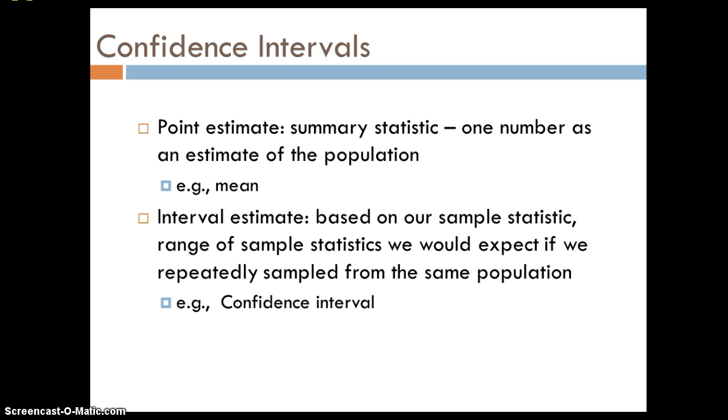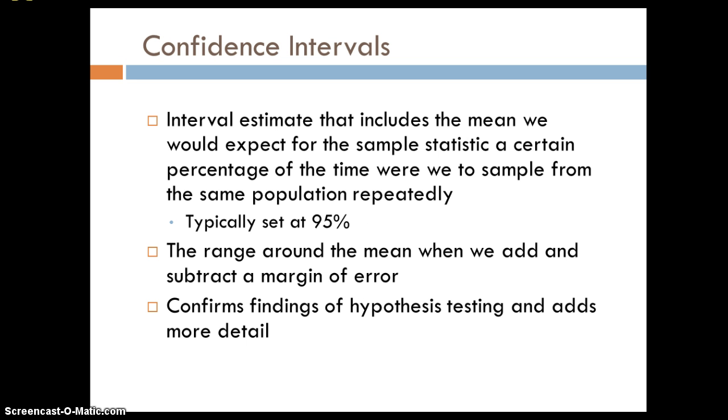So if we continue to do that, we could say if we repeatedly sampled from this population over and over again, what range of means would we expect to get 95% of the time? So that's really what a confidence interval is getting at. So a confidence interval is an interval estimate that includes the mean we would expect for the sample statistic a certain percentage of the time if we were to sample from the same population repeatedly.